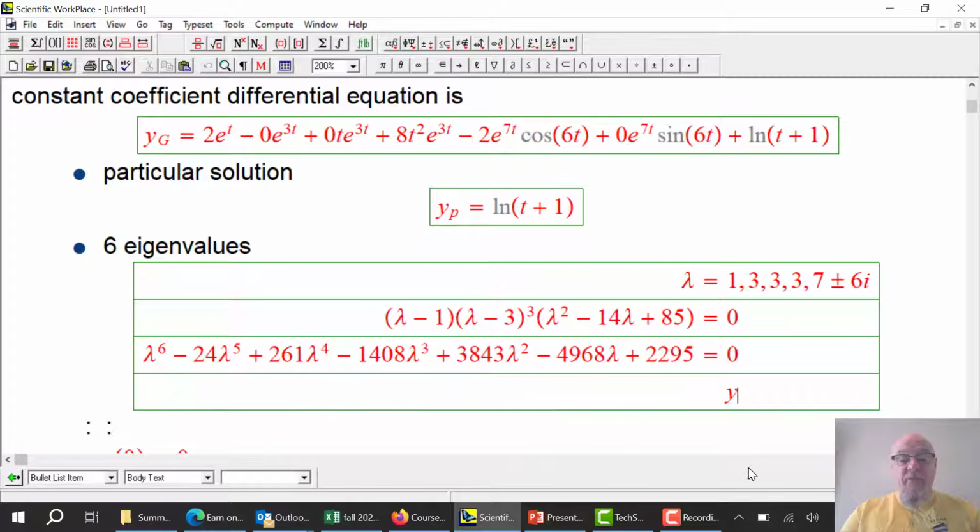This lambda to the 6 must be y prime prime prime prime prime prime, the 6th derivative. Let's write it like this so we're not counting.